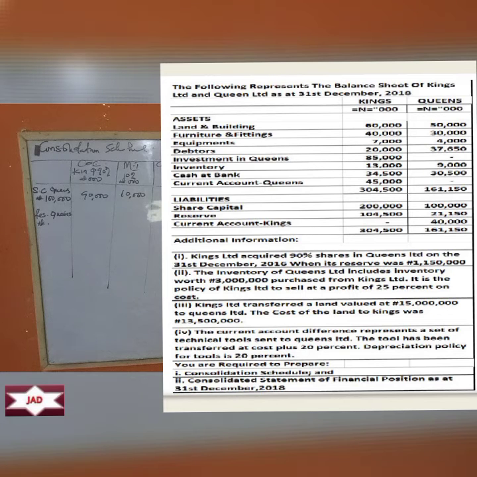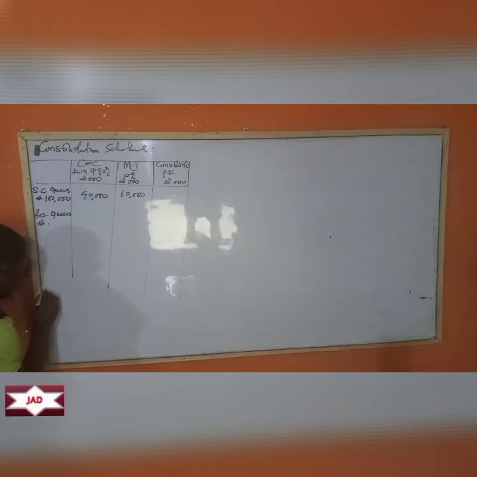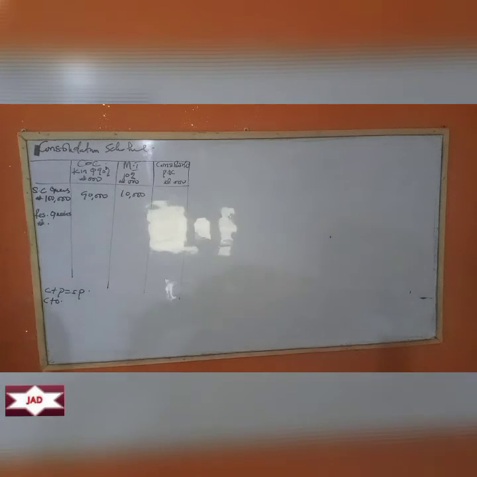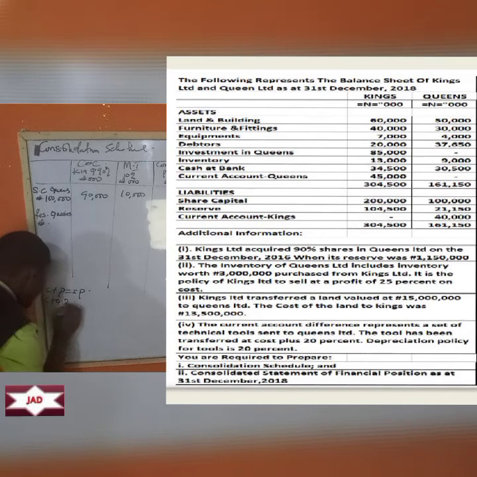So what do we have? First, the inventory of Queens includes 3 million worth purchased from Kings. It is the policy of Kings to sell at a profit of 25%. So that means there's an unrealized profit there. Cost plus profit equals selling price. Cost is 1C plus 0.25C, equal to the selling price, which here is 3 million, that's 3,000.